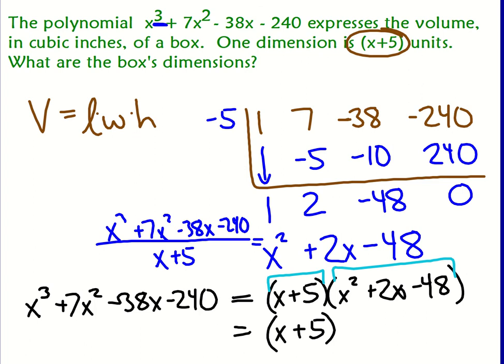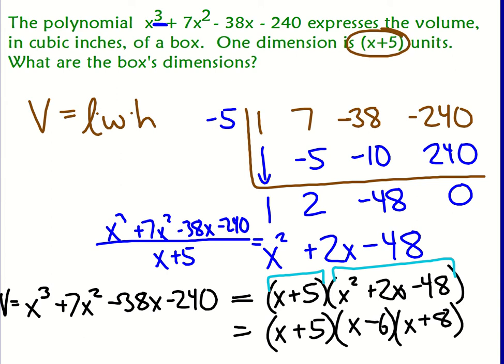So this is actually x plus 5 times, and then let's just factor this. I know that this would be x and 6 and 8, and we'd have to have a positive 8 and a negative 6. So it turns out that this expression for the volume of the box, I'll set that equal to V for volume, equals x plus 5 times x minus 6 times x plus 8.